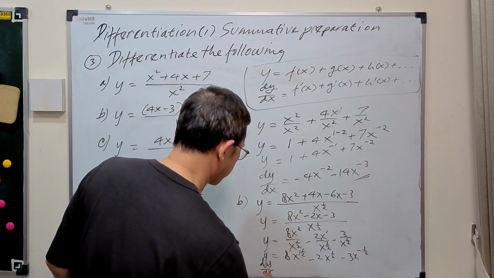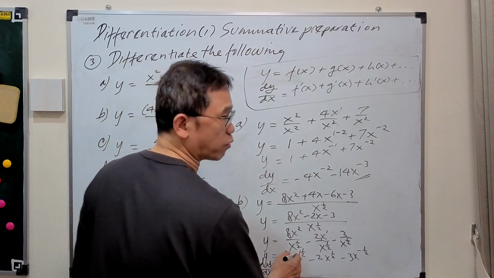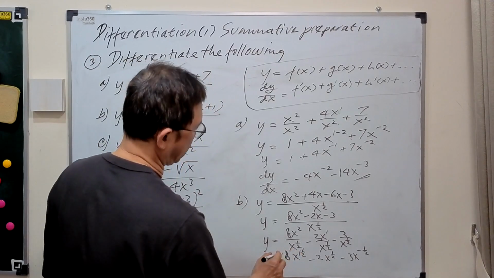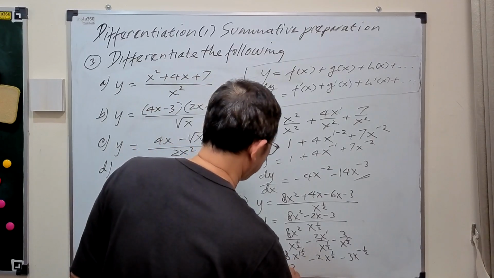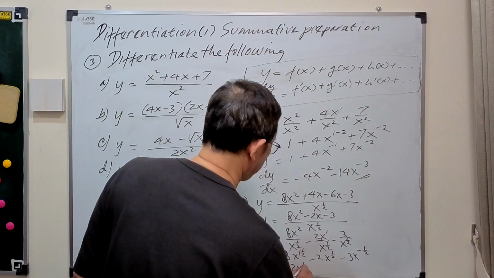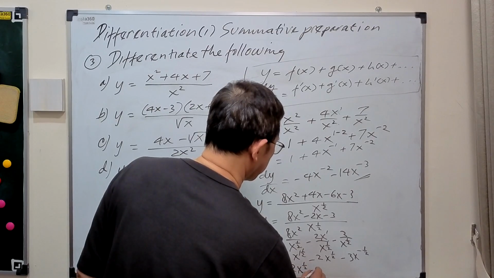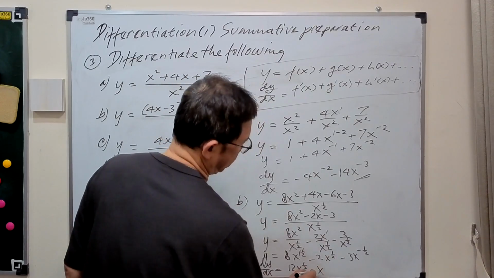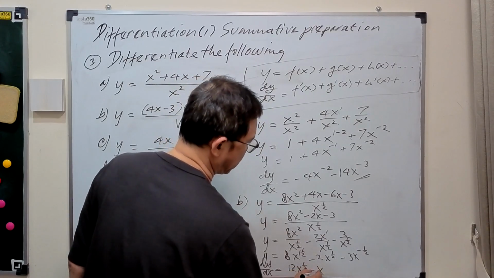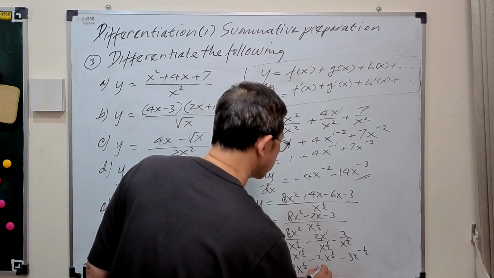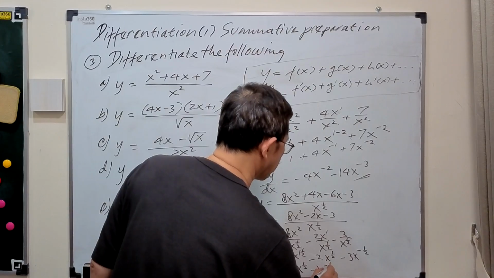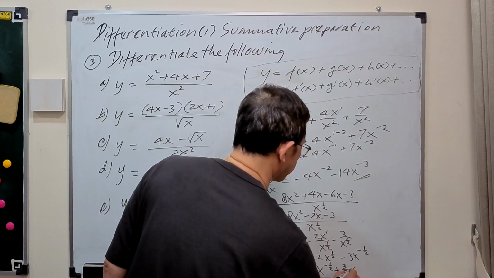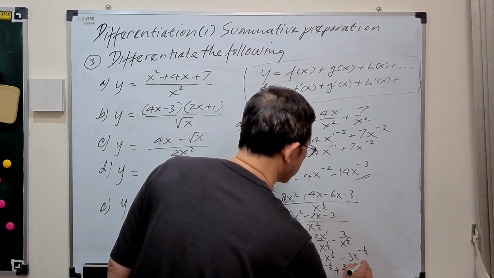Therefore the derivative will be 1.5 multiplied with the 8. We get 3 times 4, 12x to the power of half, and then this will be half times 2, 1. No need to write the 1x. Just write negative x to the power of negative half, plus 3 over 2 x to the power of negative 1.5.